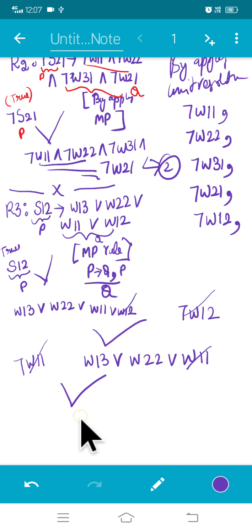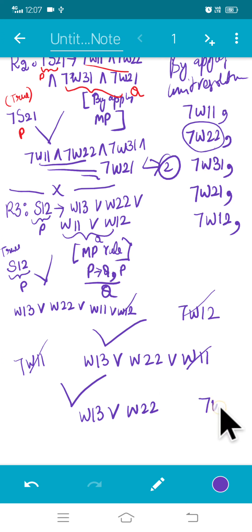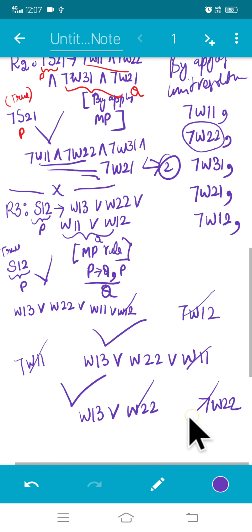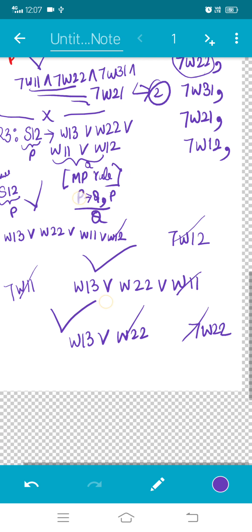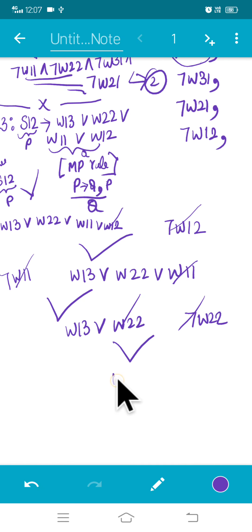I will be left with W13 or W22. Again I will compare with this equation. Negation W22, these two will get cancelled. I will be left with W13. And this proves that with this itself we can stop. Hence Wumpus is present in W13, hence it is proved.